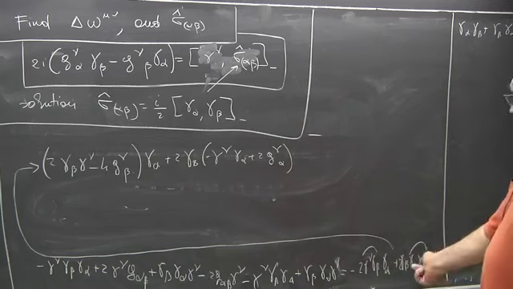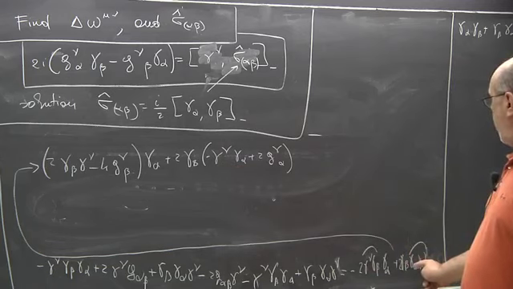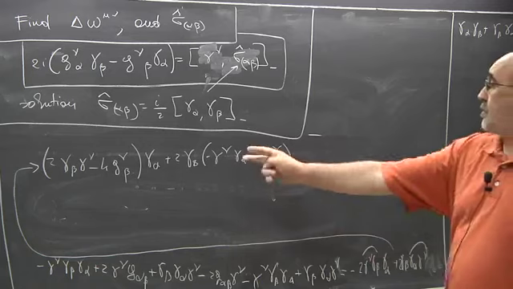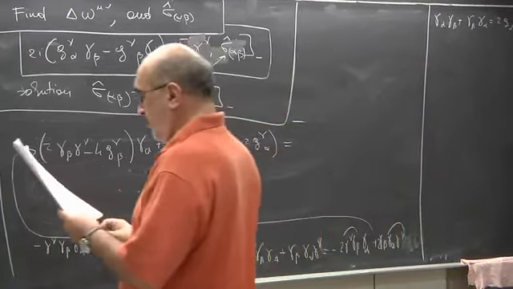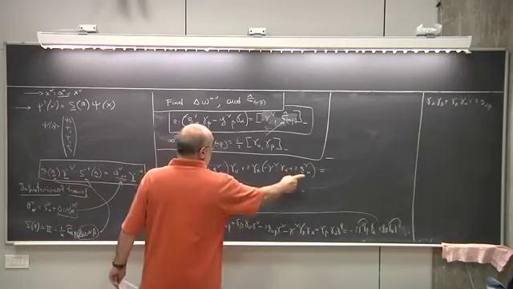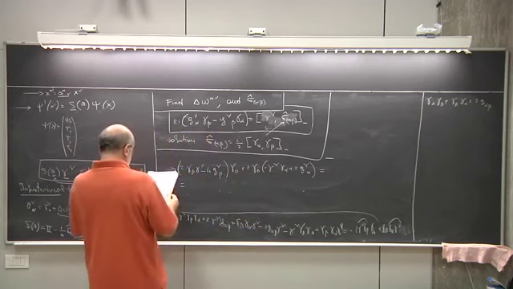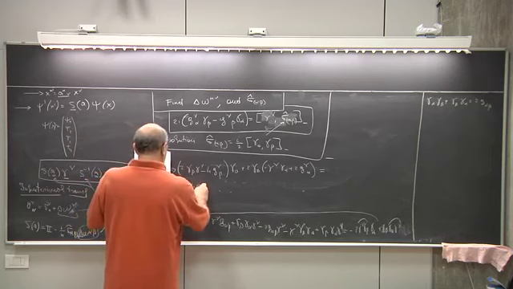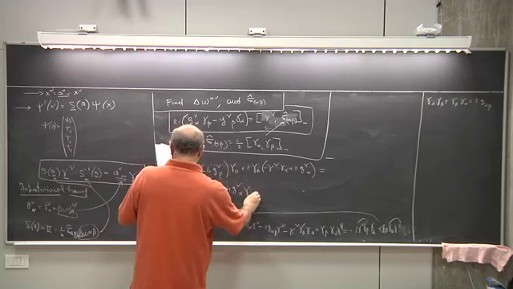For these things, I keep gamma beta, and I anti-commute gamma alpha and gamma beta according to those rules, and I get this expression. Well, it's easy to see this piece and this piece are the same, but with a different sign. So what you are left with is minus 4 g nu beta gamma alpha plus 4 g nu alpha gamma beta.